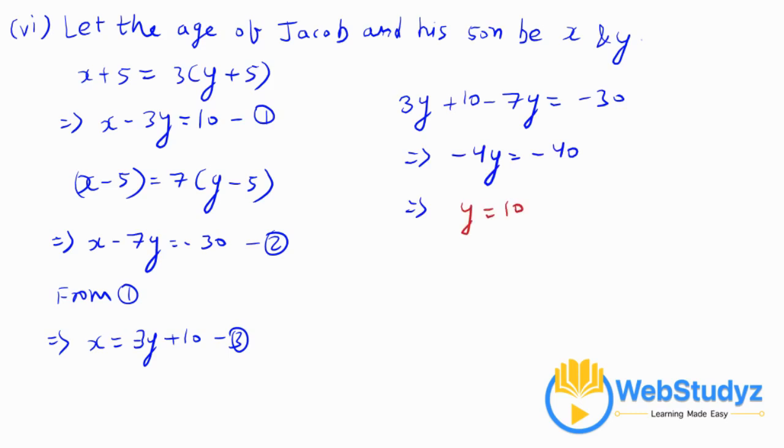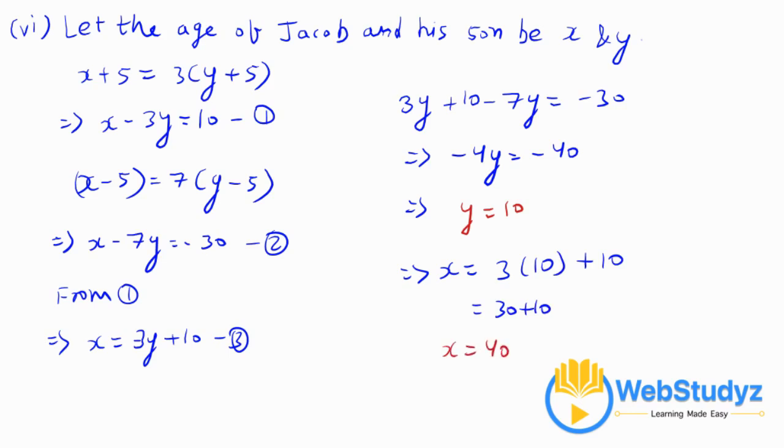Now, if we put the value of y into the third equation, we get x equals 3 into 10 plus 10. So, this will be 30 plus 10. That means x will be 40.